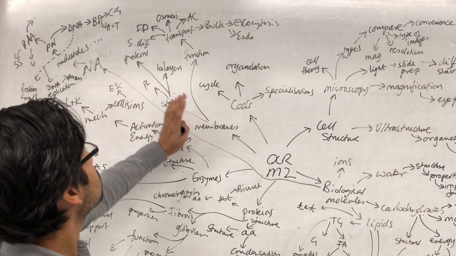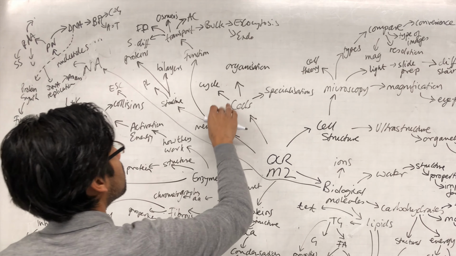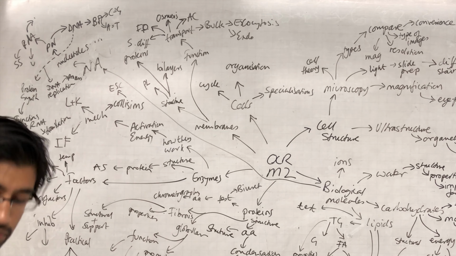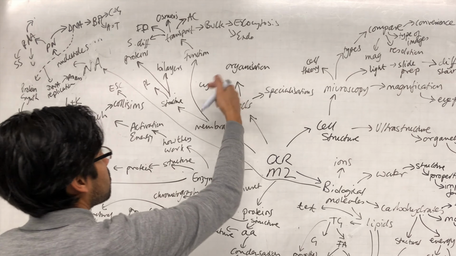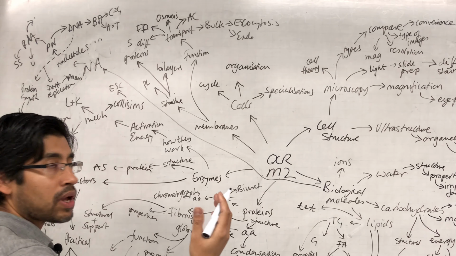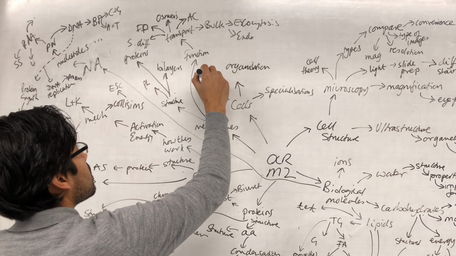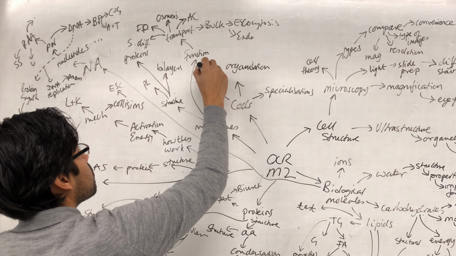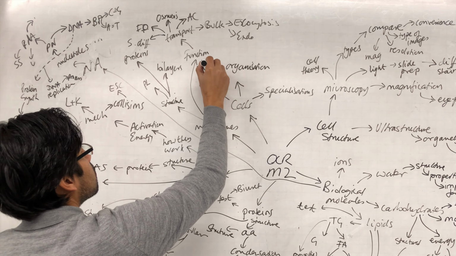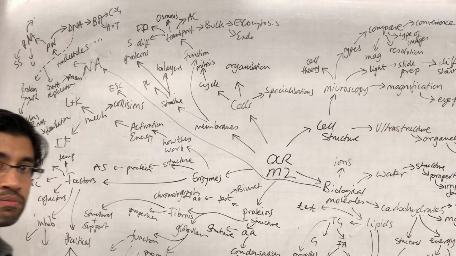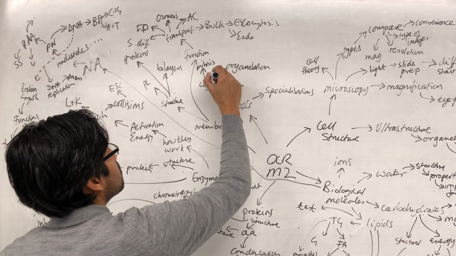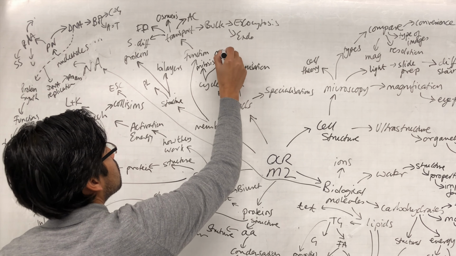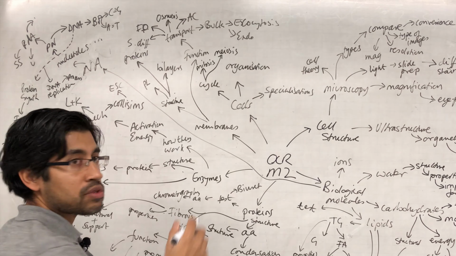We've done membranes, and the last bit is then cells. Now in the cells we have the cell cycle, okay, so that's its own thing, but then as part of the cell cycle we need to talk about mitosis as the cell division process, but we also need to talk about meiosis.